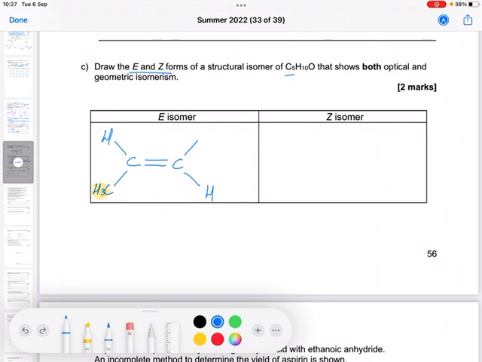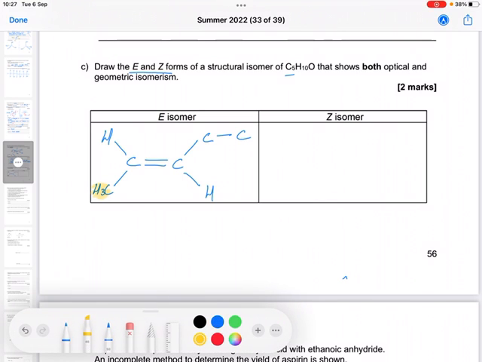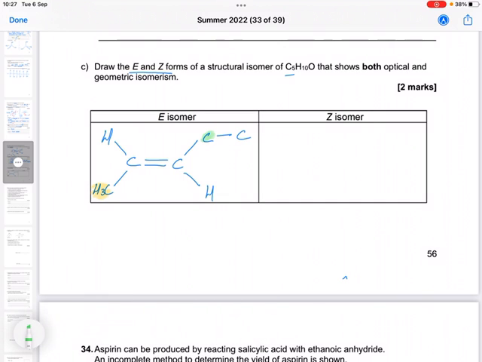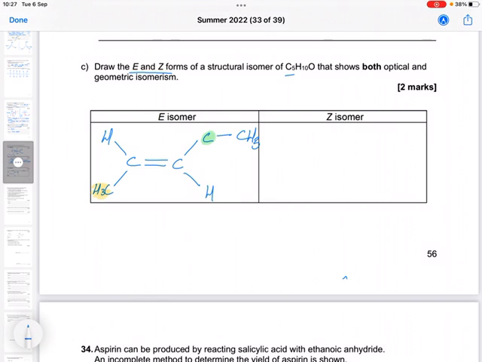So what have I used? I've used 3 carbons so far, which means I've got 2 left, and I have to have an optical isomer. So if I've got 2 here, what that means then is that this one is going to have to be my optical isomer because the other one is at the end of the chain. So if I make that a CH3, now I've got an oxygen in here, so let me start with an alcohol.